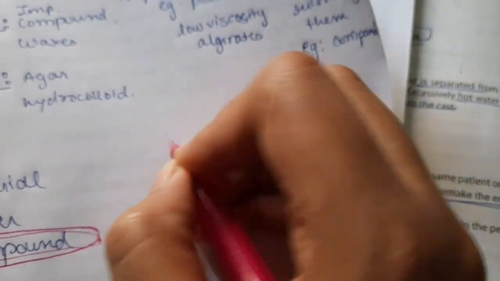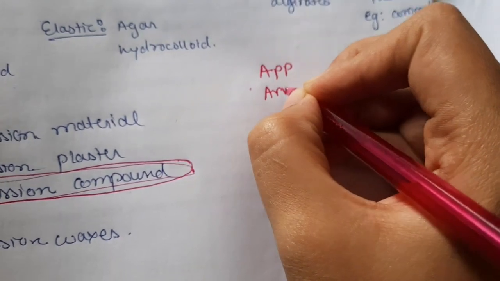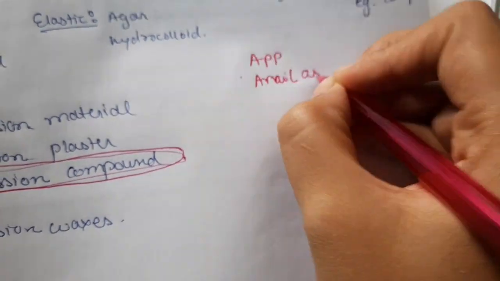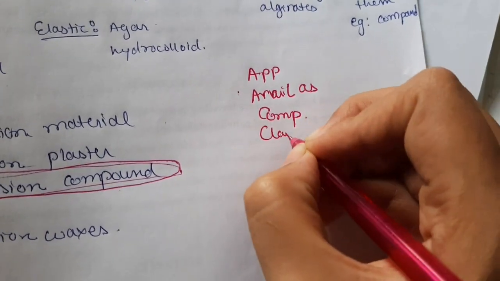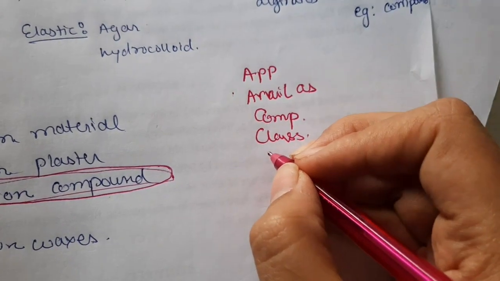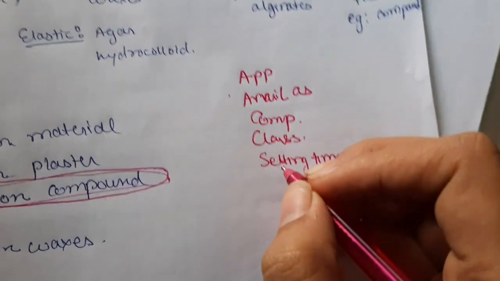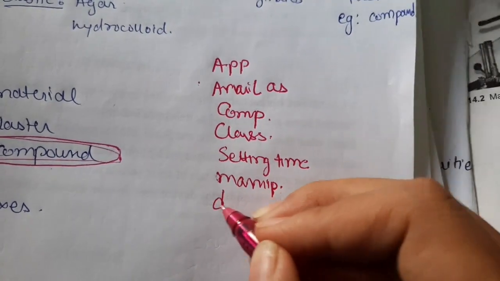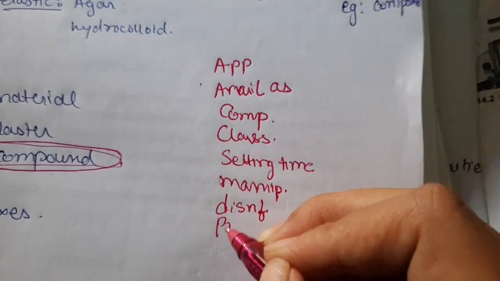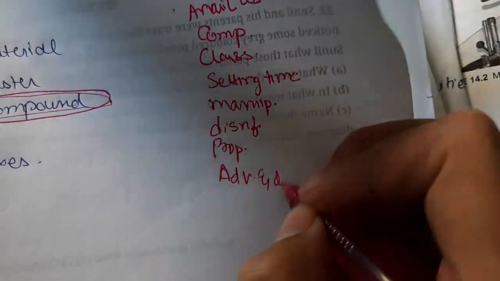What we are supposed to write is its application, available as, then its composition, then its classification, then its setting time, setting reaction, manipulation, disinfectant, properties, then advantages and disadvantages.